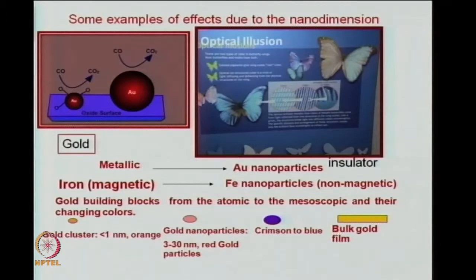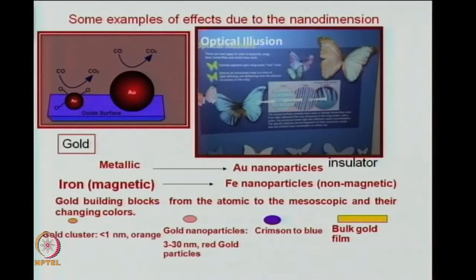The case of the butterfly is a natural nanostructured feature showing nanophotonics. However, you can make artificial surfaces which are nanostructured, and there also you can observe variation in the scattered wavelength of light depending on the distance between two nanostructured elements.